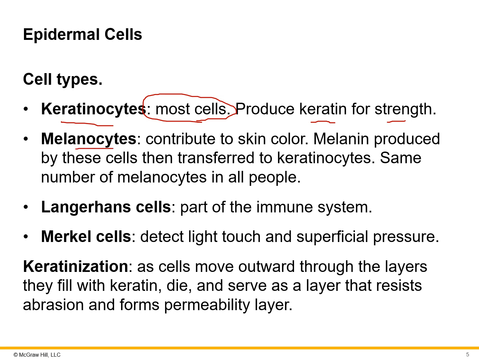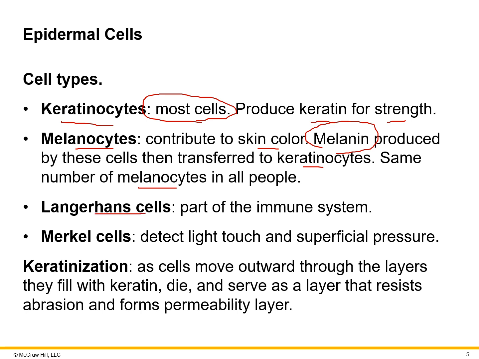There are also melanocytes. This is what gives us our skin color by producing melanin. It is then transferred to the keratinocytes. The same number of melanocytes are actually in all people regardless of skin color. So it's not the number of cells, it's the amount of melanin that's actually being produced.